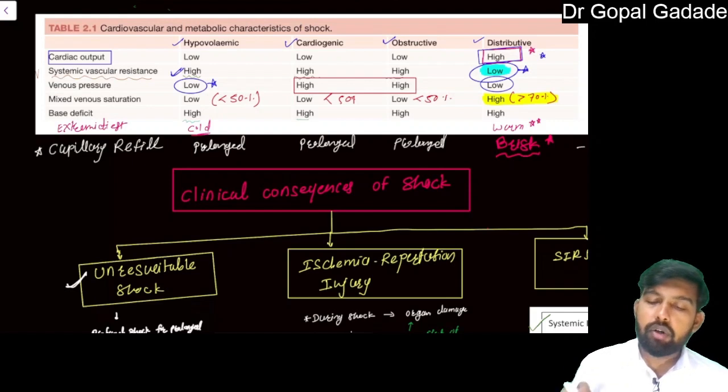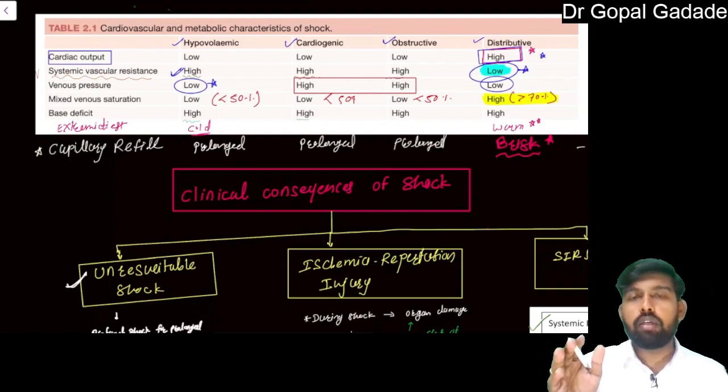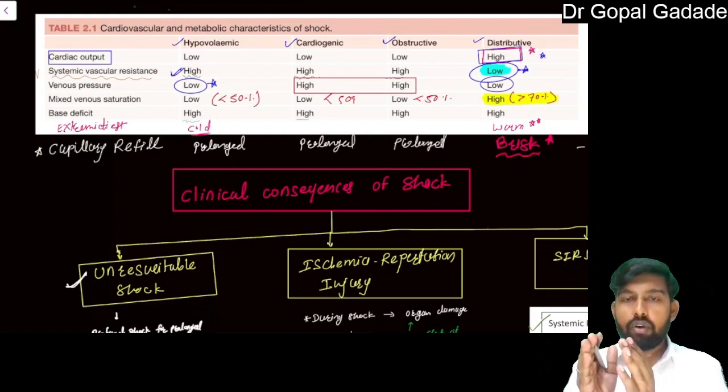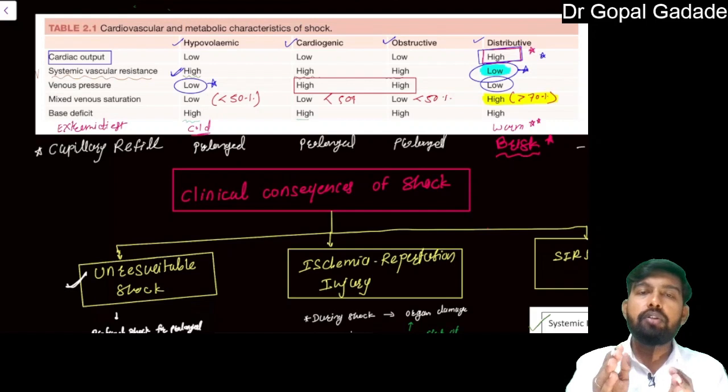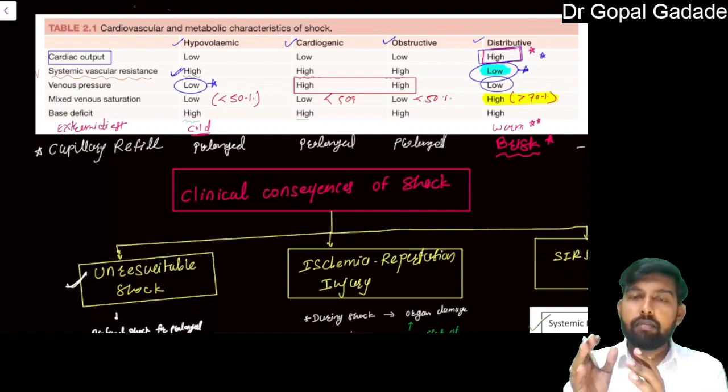In cardiogenic shock and obstructive shock, the volume is normal and there is systemic vasoconstriction. So there is a double effect: the volume is normal and there is vasoconstriction, so the venous pressure is increased. But in hypovolemic shock, despite the systemic vascular resistance being increased, the actual volume is decreased, so there is a decrease in the venous pressure.